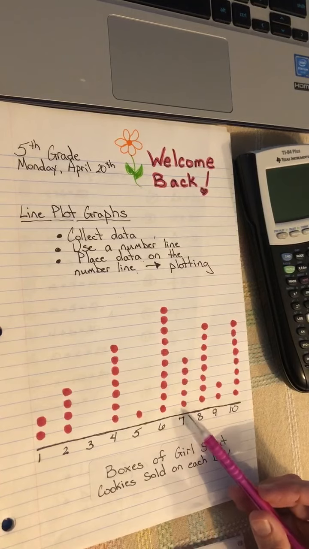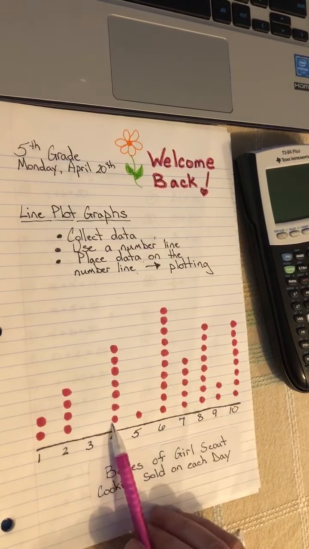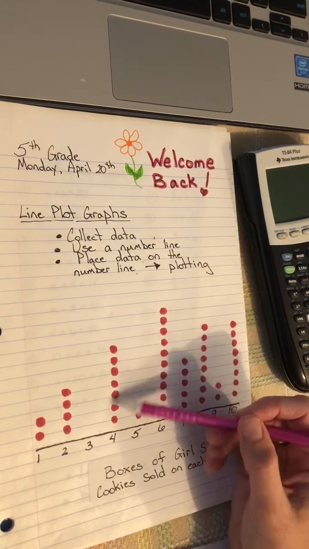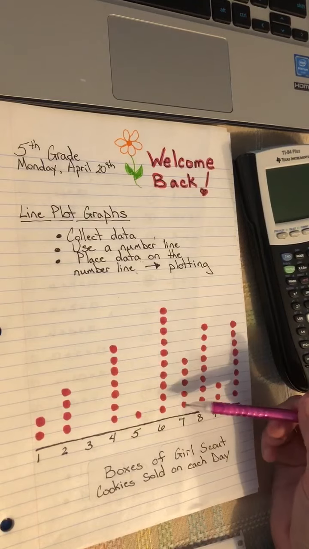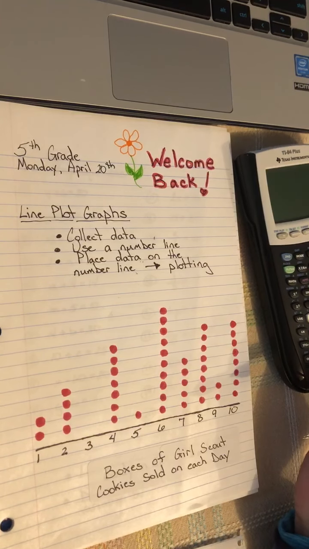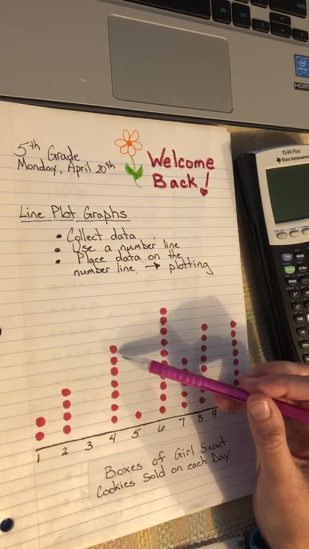So we would answer that question, is day 7 sold more? Did the person sell fewer on day 4 or day 6? Here's day 4. Has 7 circles. Day 6 has 10. So the question was, which do you sell fewer on day 4 or day 6? We would say day 4.